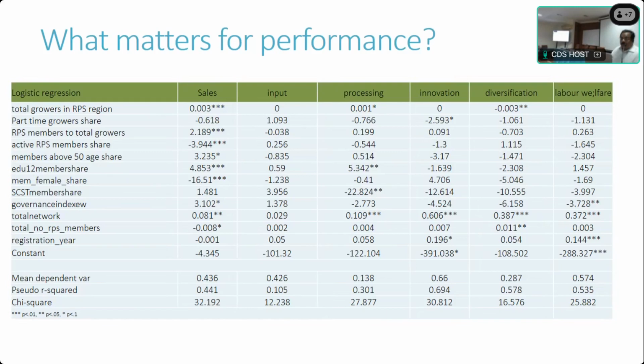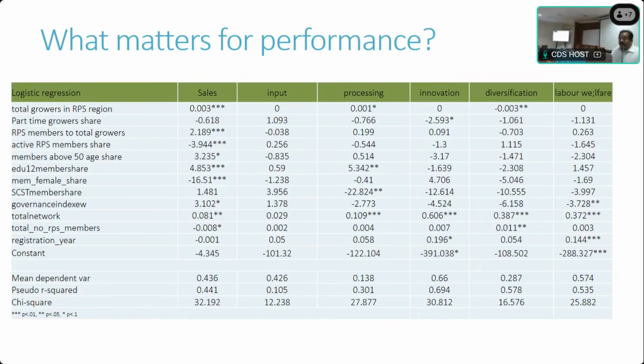But one possibility we can think about is that if the RPS is particularly active, I have told you earlier that there is some kind of diversification going on. Some kind of sales, the good quality sales, seems to be going outside the RPS, and it is actually the poorer quality of goods that seems to be entering the system. So maybe it is some kind of diversification, but clearly I am not able to say.